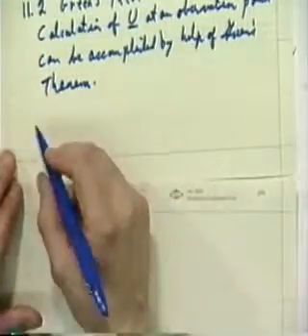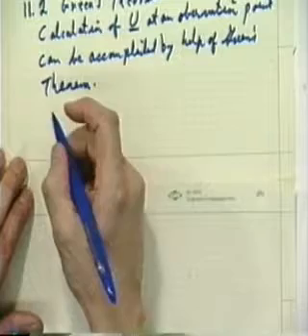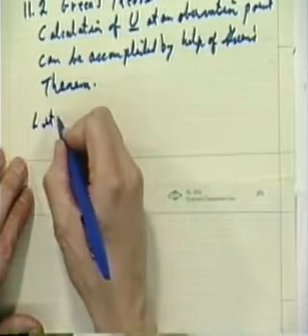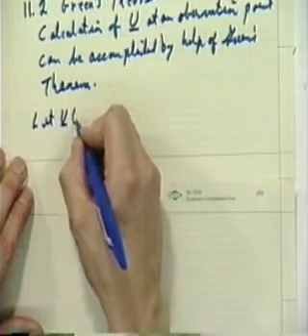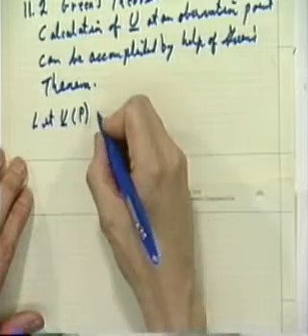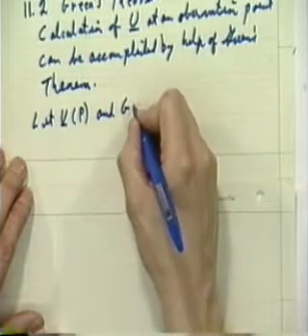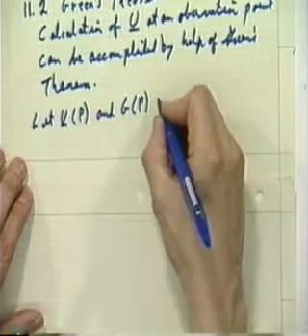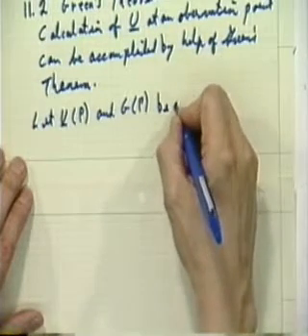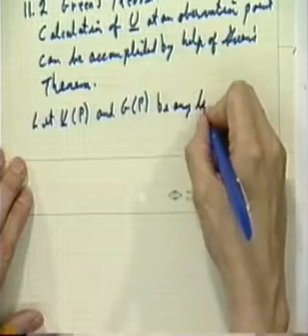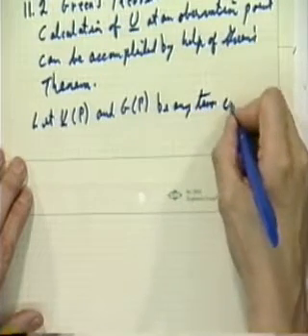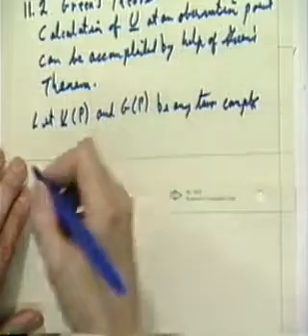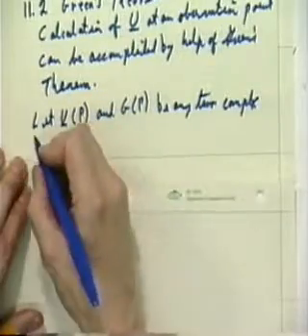But what this is going to be here is, we'll say let u of p, which is what we're trying to find, and g of p, which is going to be a Green's function. But anyway, let this be any two complex valued functions of position.